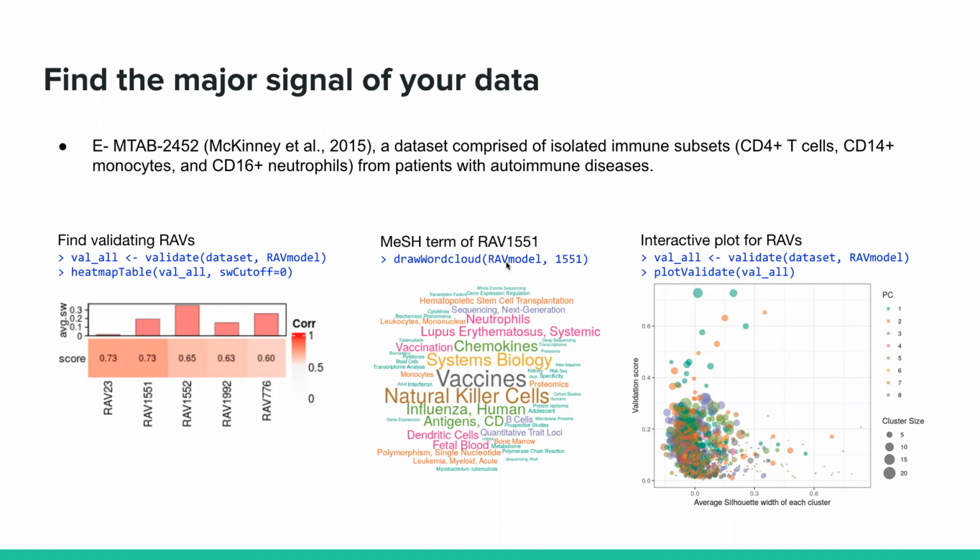This word cloud is made here for one of the RAVs with the top score, the top correlation to a principal component in this data set, and these are based on the MeSH terms from the studies that went into this RAV 1551, and we see here a number of blood-related terms.